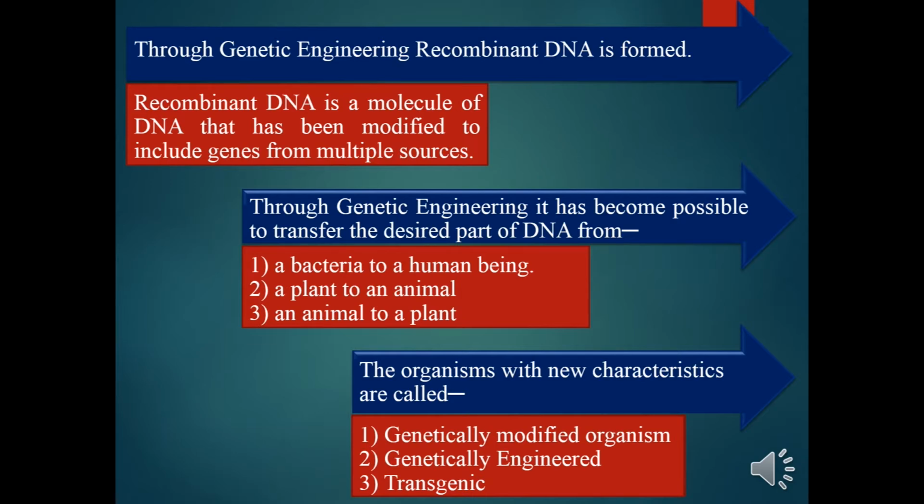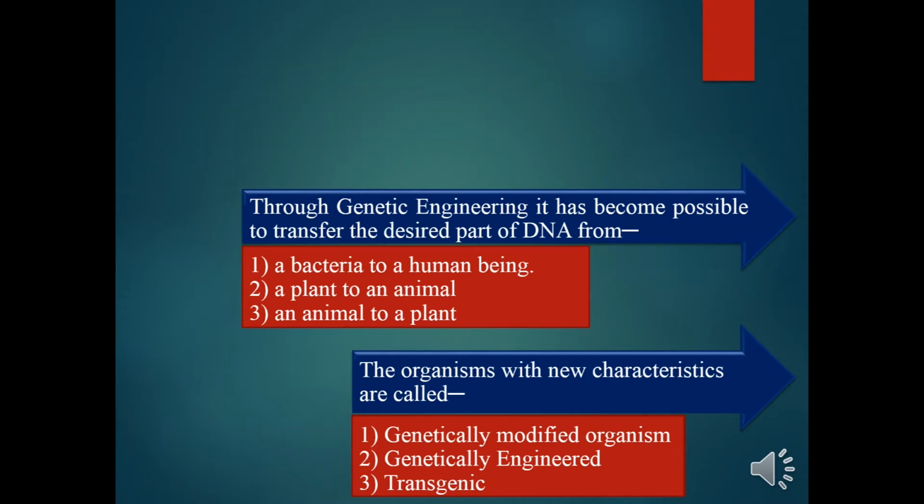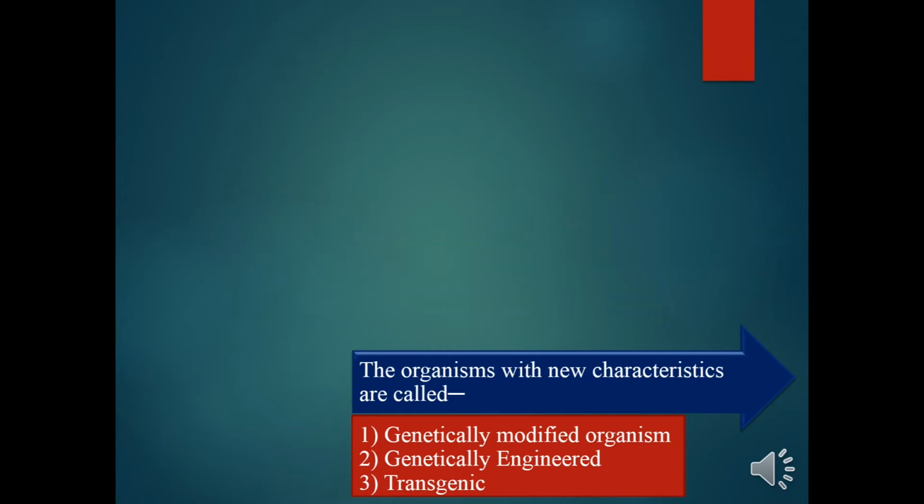So, through genetic engineering, recombinant DNA is formed, and you know what is recombinant DNA. Through genetic engineering, it has become possible to transfer the desired gene from one organism to another organism, and the organism which is produced through genetic engineering is called genetically modified organism or GMO, genetically engineered or GE or transgenic organism.